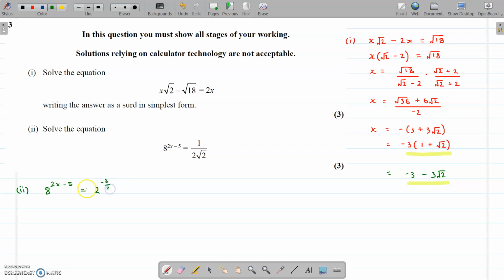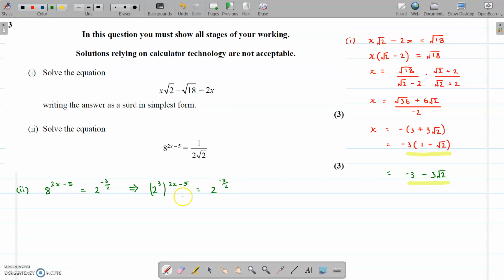And now all you've got to do is rewrite the 8 as 2 cubed. So underneath that, or next to that maybe, use this space here, I could write that as 2 cubed instead of 8, and the 2 cubed is raised to the power of, I'll put it in brackets like that, 2x minus 5, and that equals 2 to the power of negative 3 over 2.